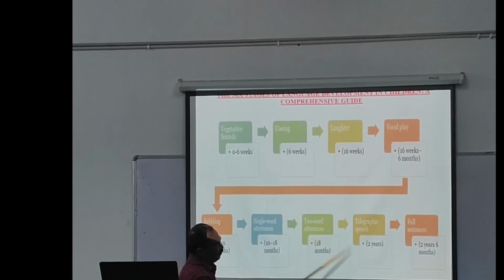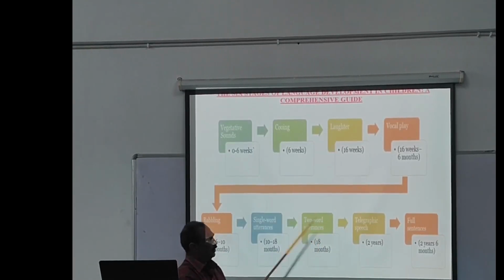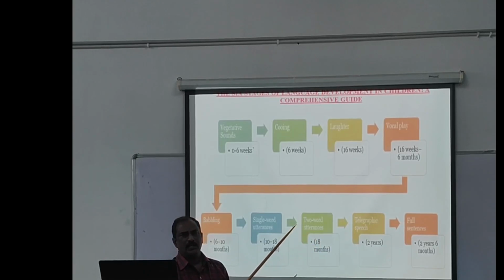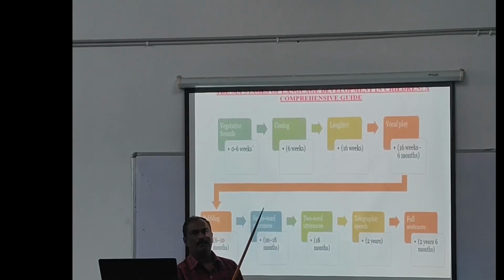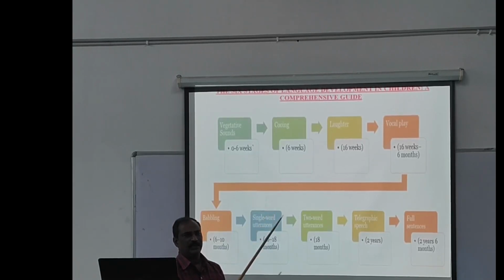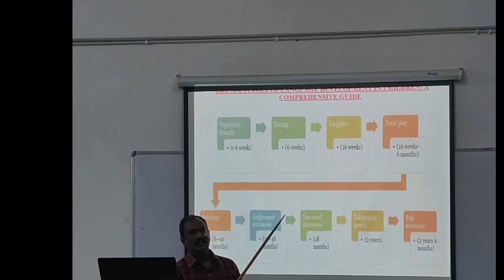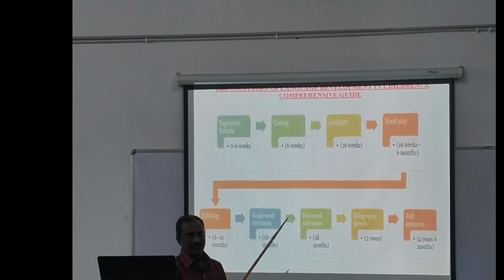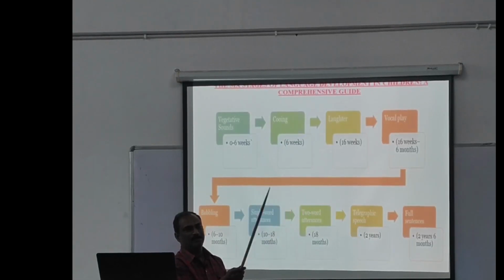Then they come to telegraphic speech. At the age of 2 years, telegraphic speech means speech in short form, not complete. Dada, come. When we become adult, we say, Daddy, please come to me. But these children use telegraphic speech. Dada, come. Ma, come. Like that.